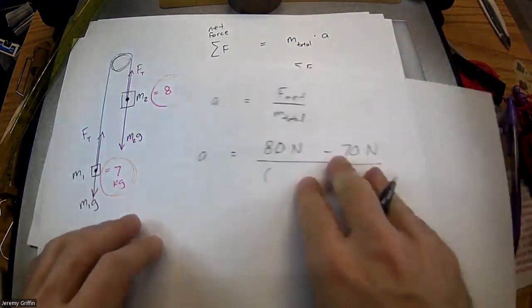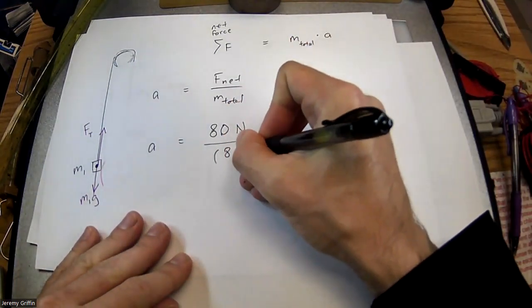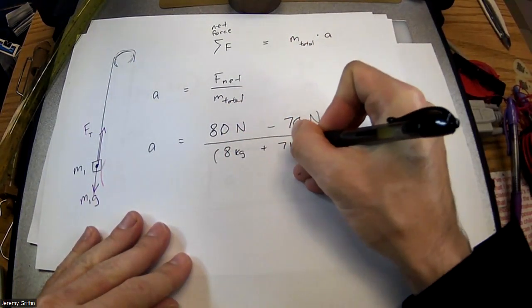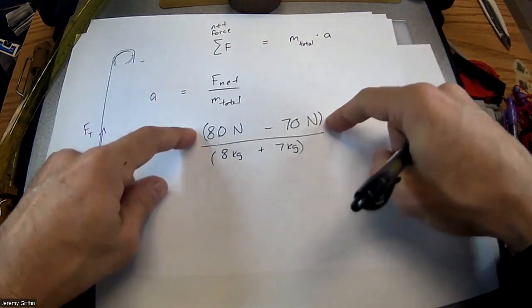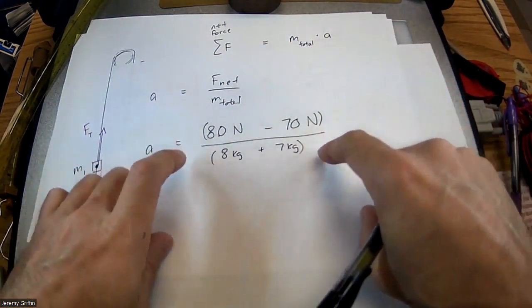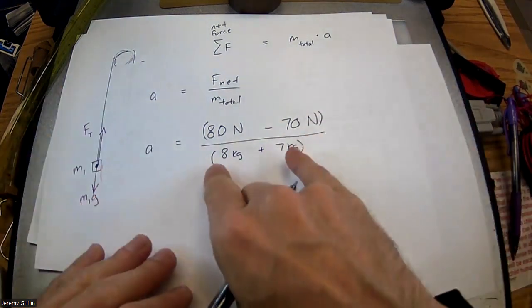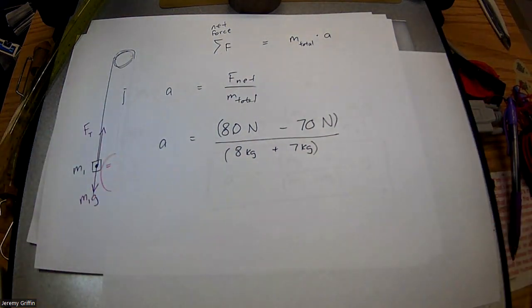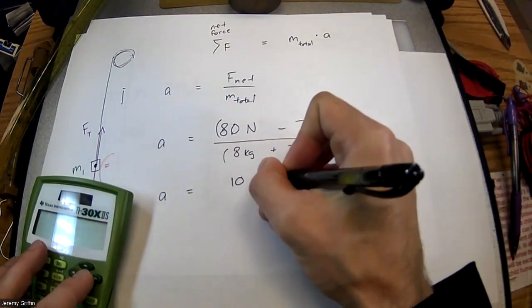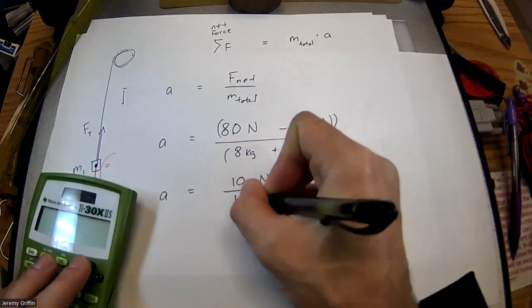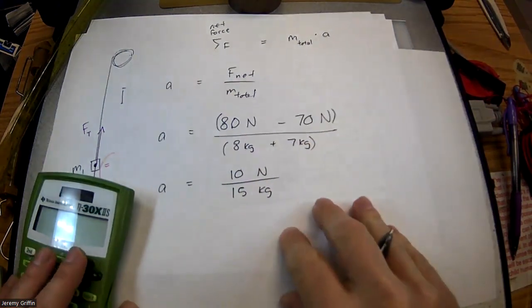You guys see 15 kilograms, right? 8 kg plus 7 kg, right? So for the forces, you take a difference because they're pulling opposite ways and force is a vector quantity. But the masses always add because mass is a scalar, right? You just keep adding up all the masses. And that's how much total inertia is being moved around. So I've got 10 Newton net force acting on 15 total kilograms.